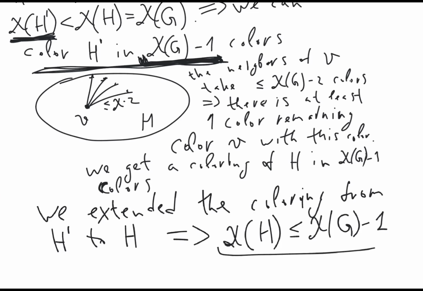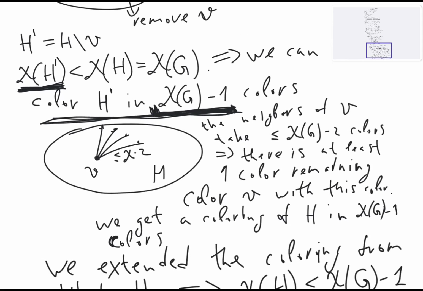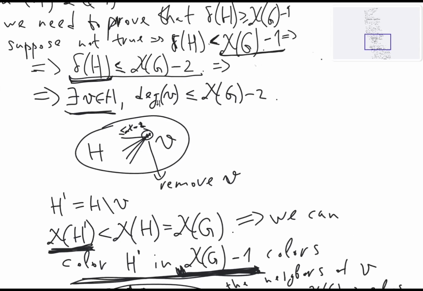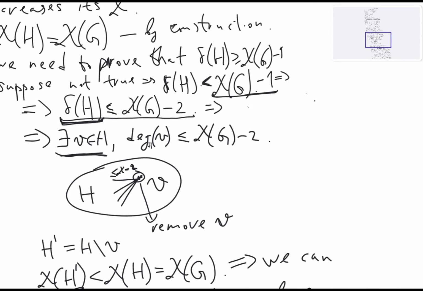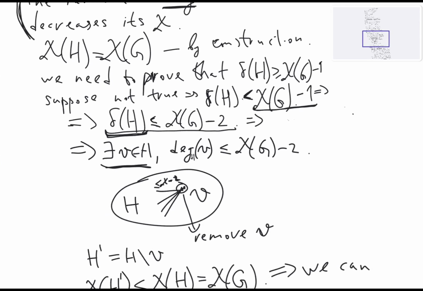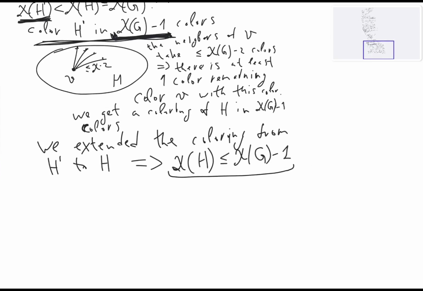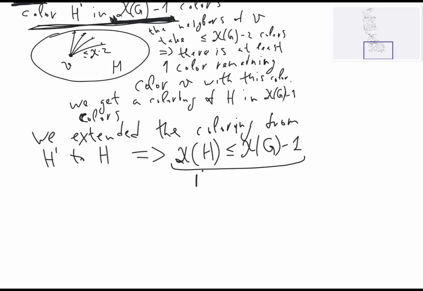So the chromatic number is less or equal than this, but this is a contradiction, because the chromatic number of H was exactly equal to the chromatic number of G. This is a contradiction.